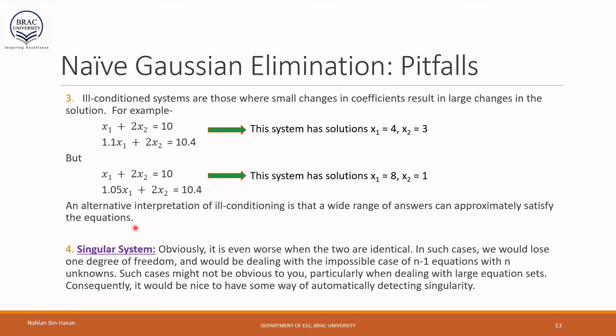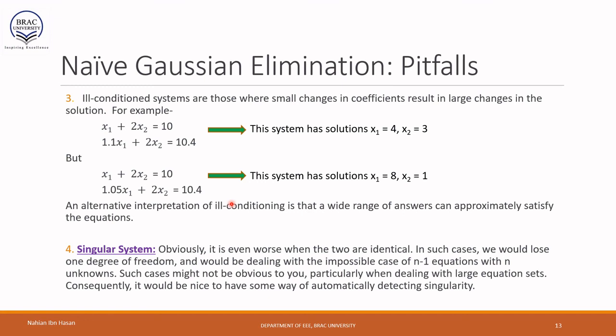Also, we have a fourth one, which is a very significant one. Let's say whenever we have a system of equations, two of the equations are similar. So what will happen? Let's say we have three equations and three unknowns, that means x1, x2 and x3. But it turns out that two of the equations are similar.